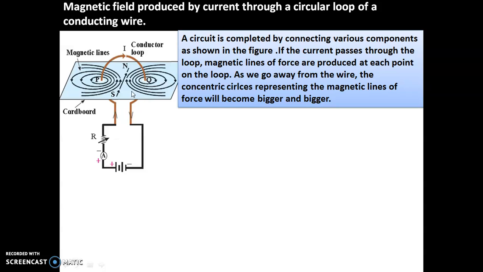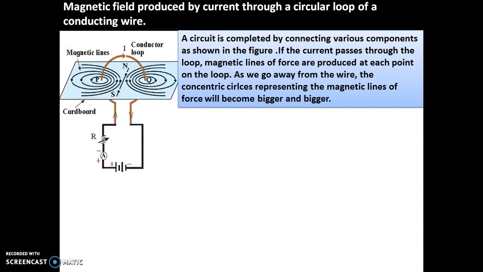If current passes through the loop, the magnetic lines of force are produced at each point on the loop. In the diagram only two points are shown to you, P and Q. But the magnetic lines are produced at each point on the loop.